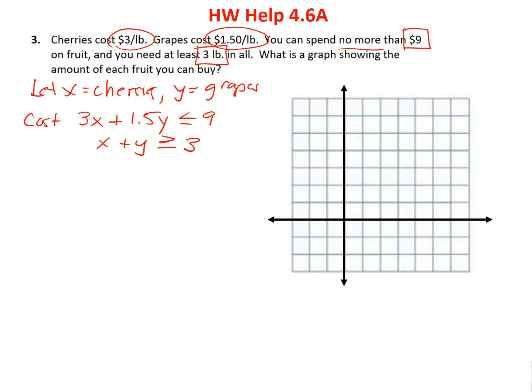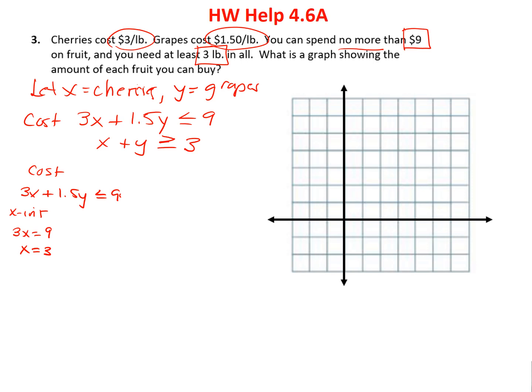So if I take the first one here, the cost equation, I have 3x plus 1.5y less than or equal to 9. Now this one I happen to see that the 9 can be divided by each of these. So let's do the x-intercept and y-intercept. So my x-intercept, let y be 0, then 3x equals 9, and x therefore equals 3.